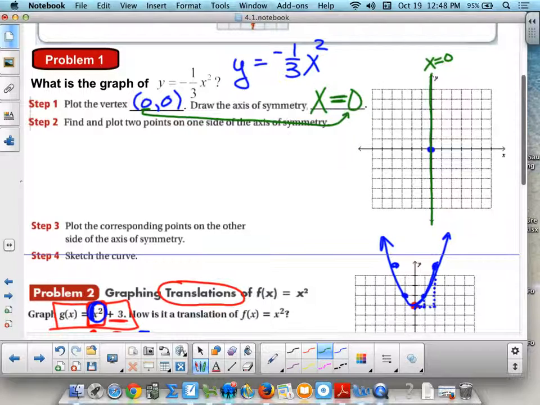Step 2, find and plot 2 points on one side of the axis of symmetry. Okay, here's what happens though. You guys, typically you move, this is what the parent does, over 1, up 1. You're not going up that high. You're only going up how far? A third is fine.